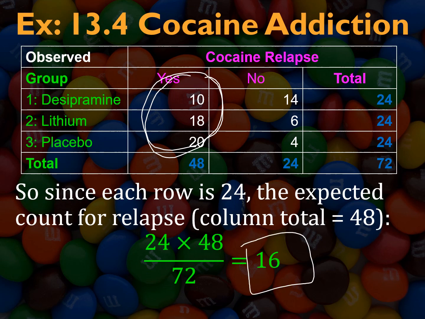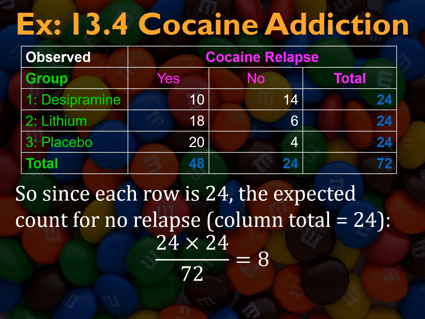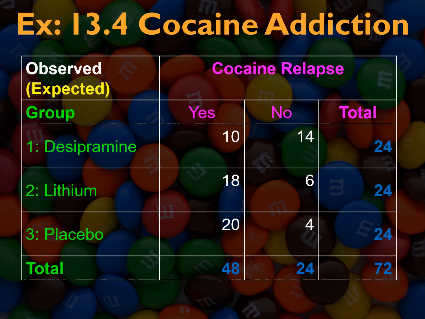Turns out the expected count for all 3 of those is 16. Likewise, for the no column, the expected count is going to be 24 times 24 divided by 72, or 8. So those are the expected counts underneath the observed counts.